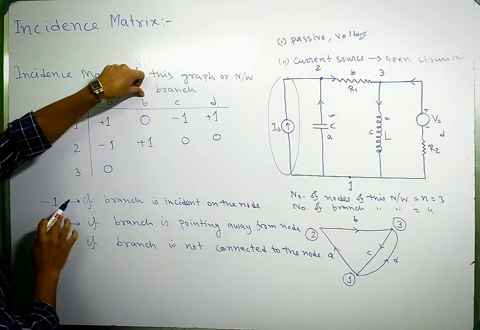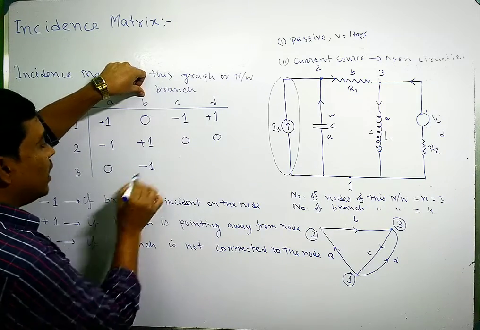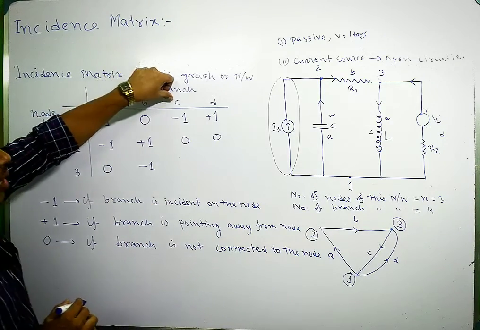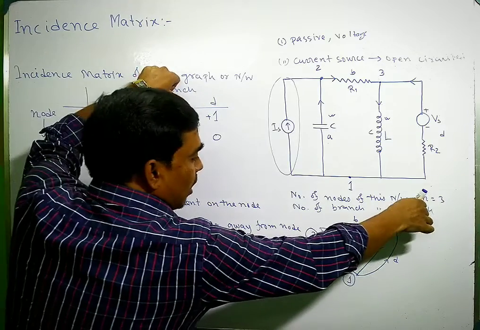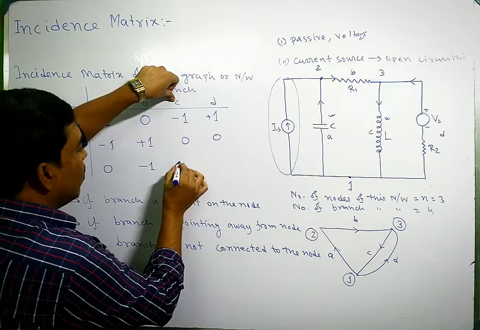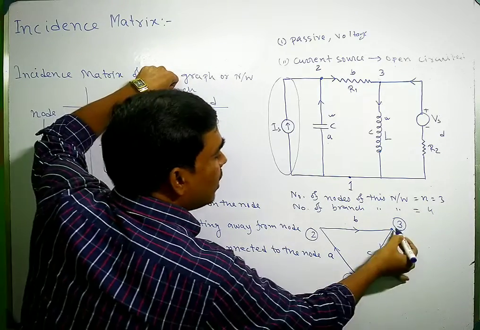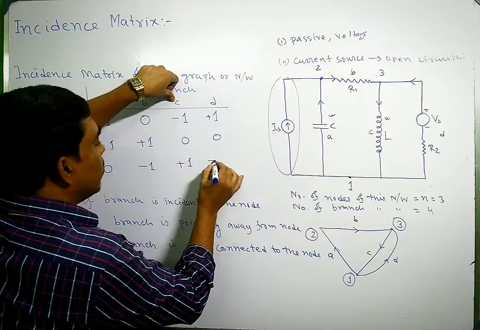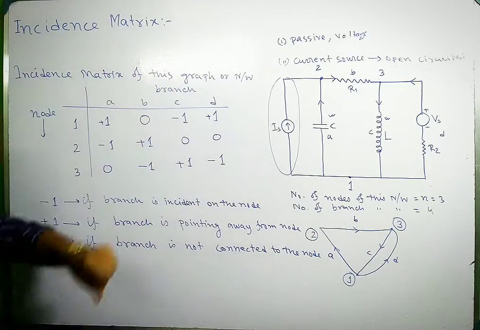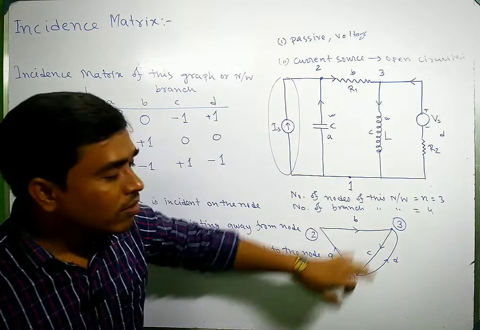So then it is minus 1. Now C is pointing away from this node. So this is plus 1. And D is pointing into this node. So this is minus 1. So this is the incidence matrix of this network.